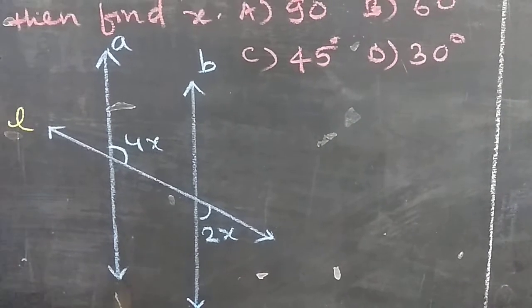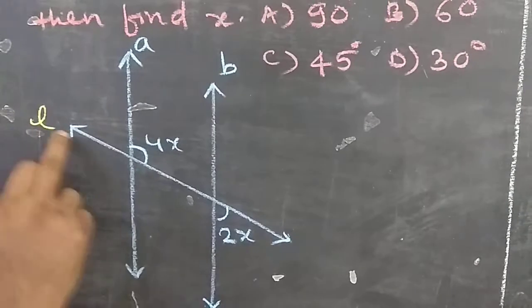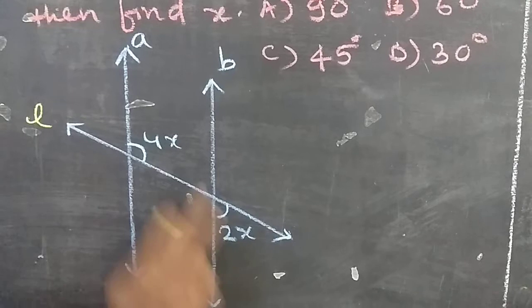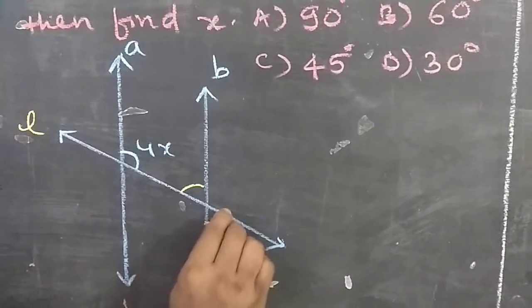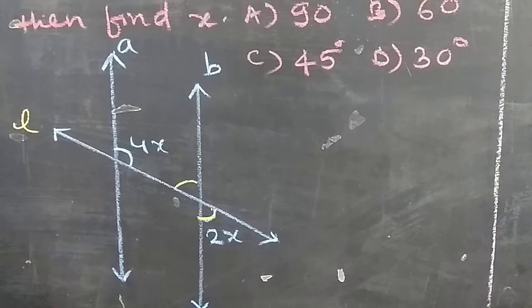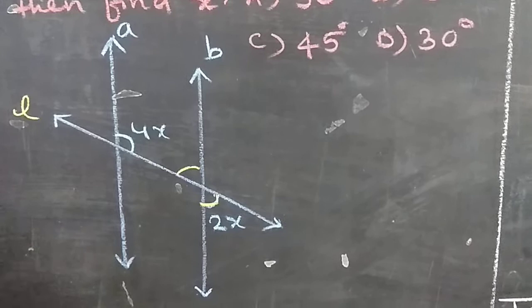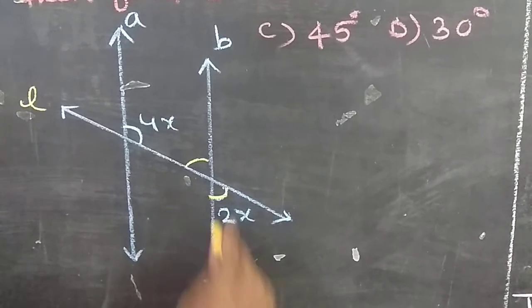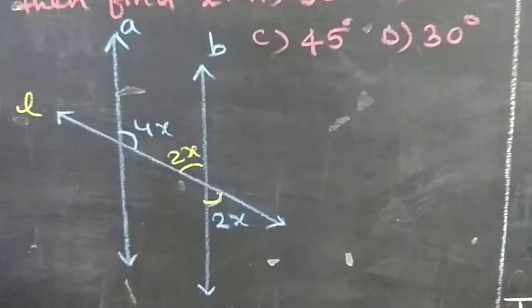Now we have already been given in the question that these both lines are parallel and this is a transversal line. So you can see here this is 2x. Now this angle and this angle will form vertically opposite angles, and we have already learned in the previous part that the measures of vertically opposite angles are always equal. If it is 2x then this will also be 2x.